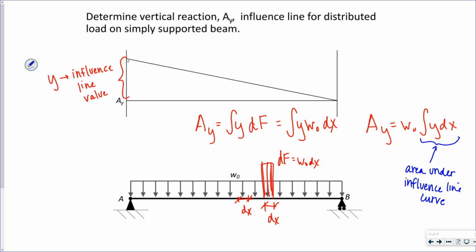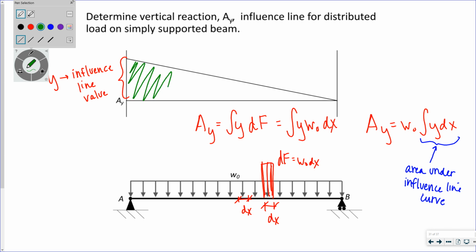So if I wanted to get the maximum vertical reaction at AY, I would apply a distributed load over this entire length because that would give me the largest area.